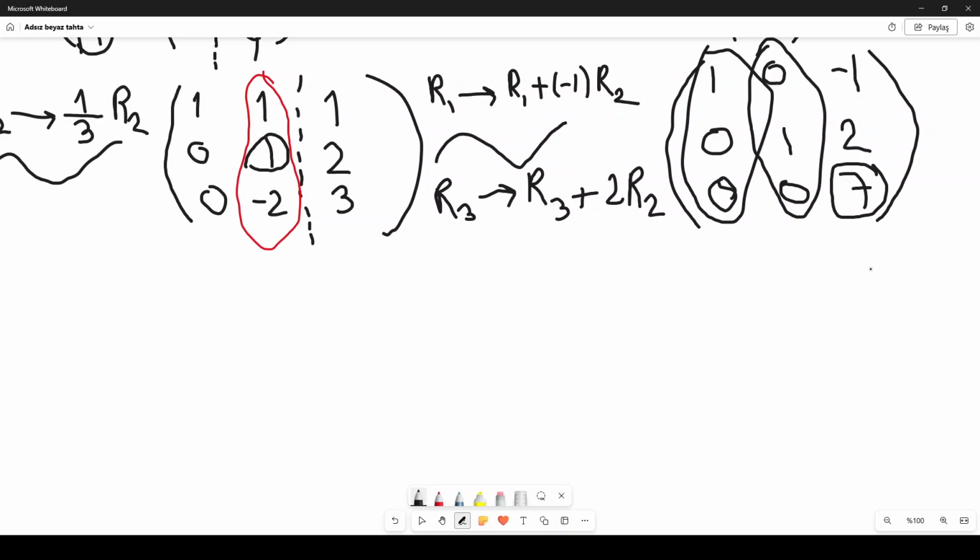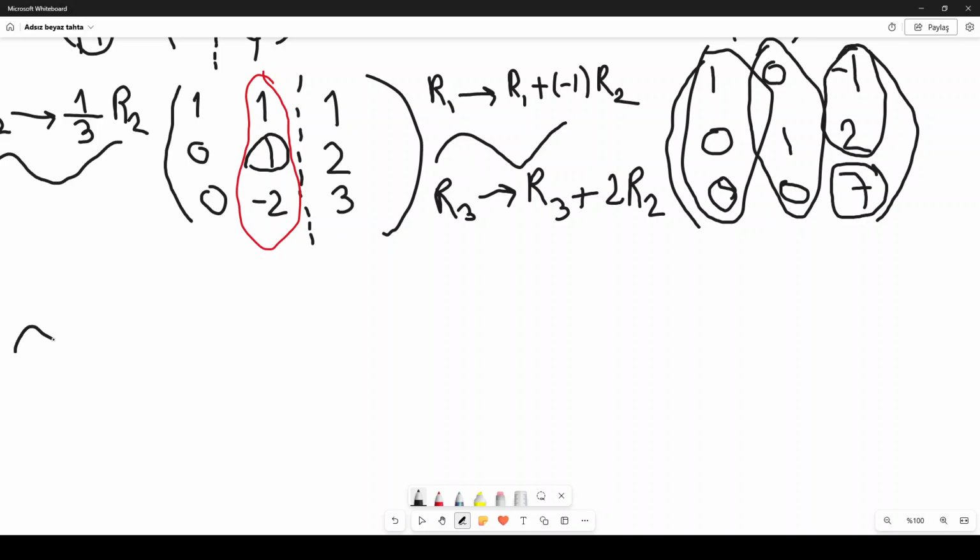This value must be equal to 1, and this is also not enough. After making this change, we got 1 here in a simple manner, but then you notice there is also minus 1 and 2, which need to be eliminated, right?